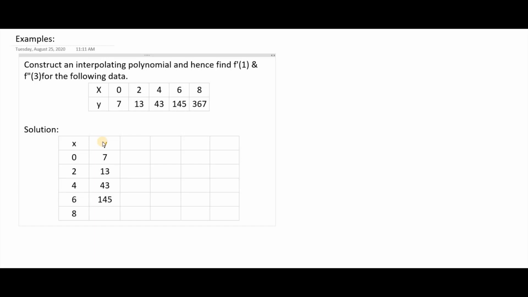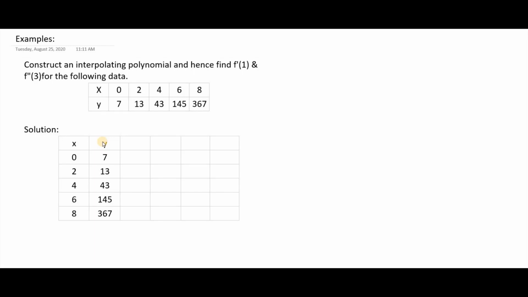Solution. The values for x are 0, 2, 4, 6 and 8, and the values for y are 7, 13, 43, 145 and 367.